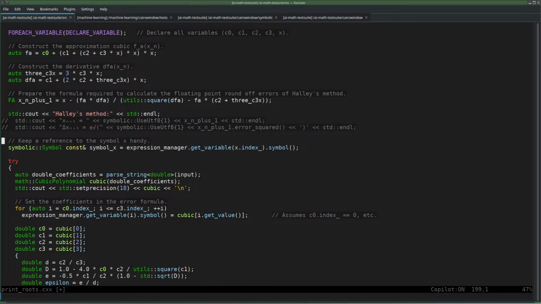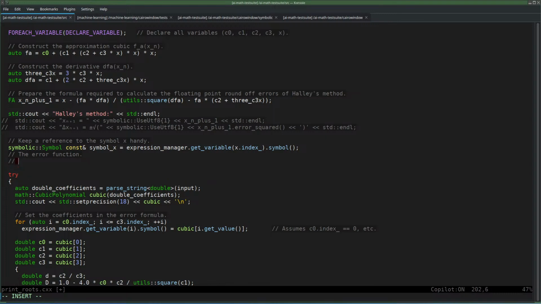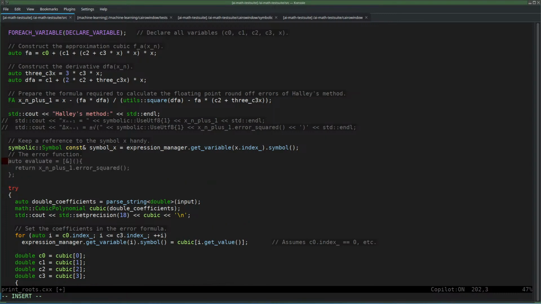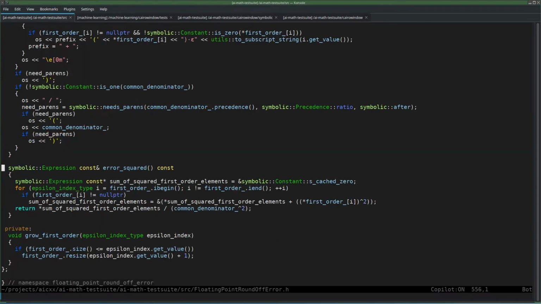So you need error squared returns a symbolic expression.